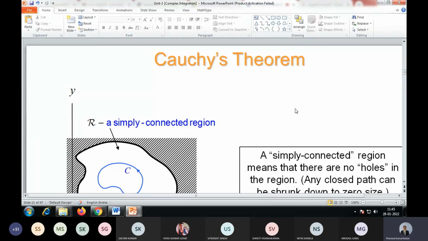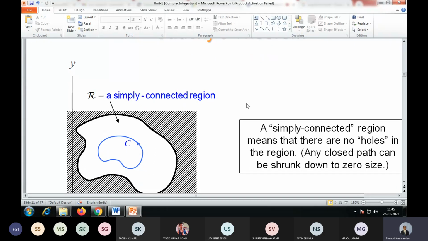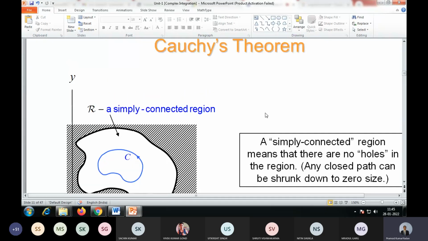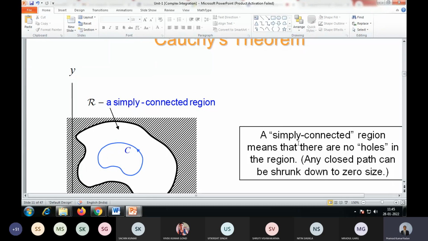So after the line integral, now we are going to study one more most important theorem, known as Cauchy theorem. What does this theorem say? First, try to understand the concept. Before studying the Cauchy theorem, we need to define something: a simply connected region.